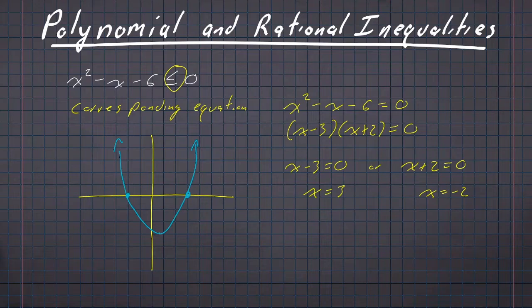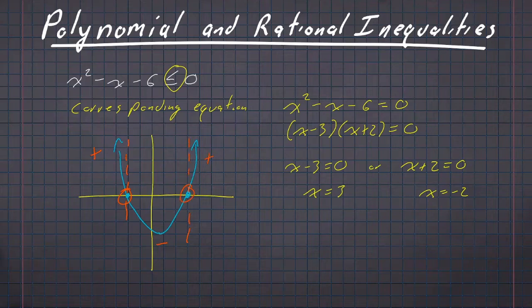What I want you to notice about this graph, something that would be true in general, is that in order for a curve to go from being positive, y above the x-axis, to negative, y below the x-axis, it has to go through 0. And the same thing happens over here.